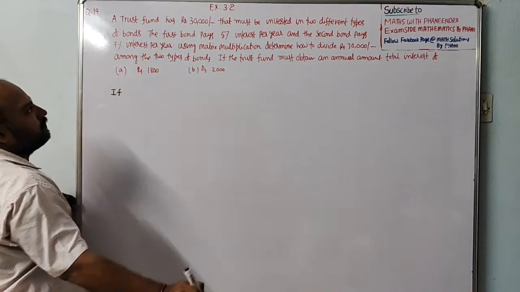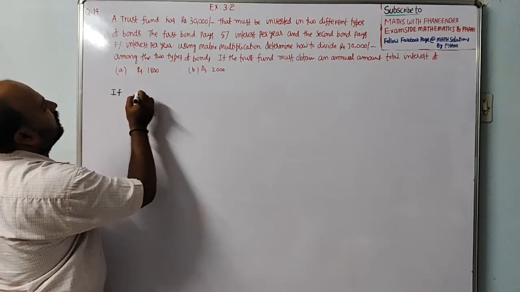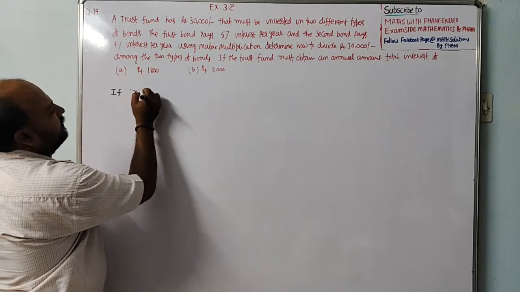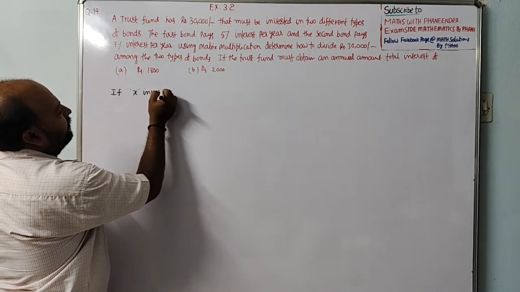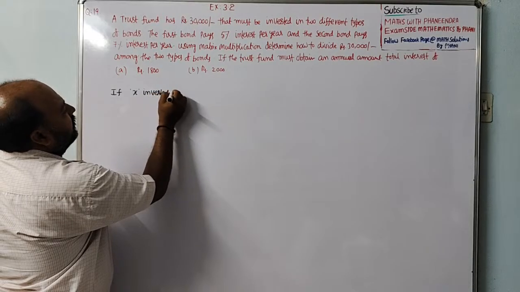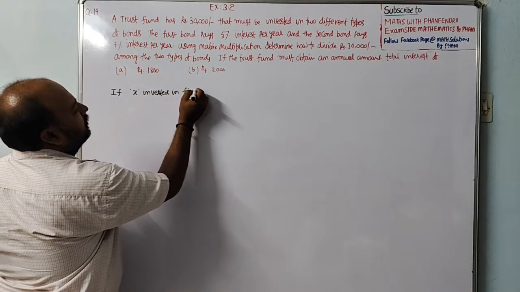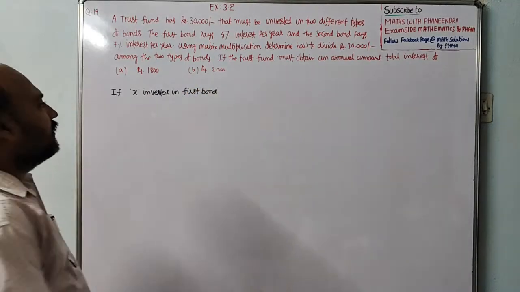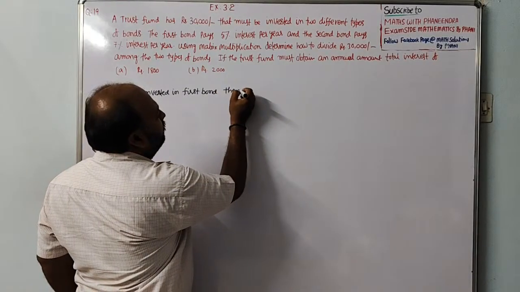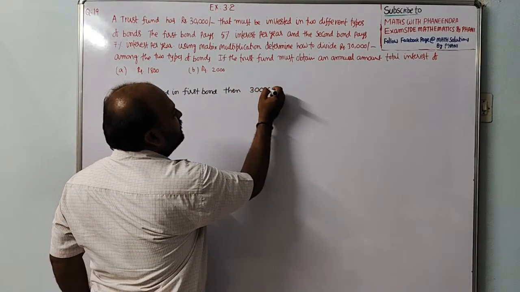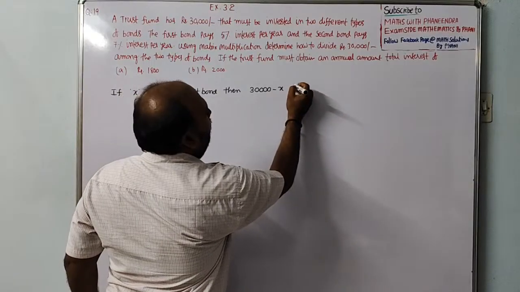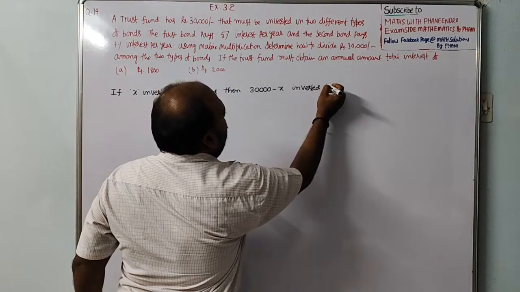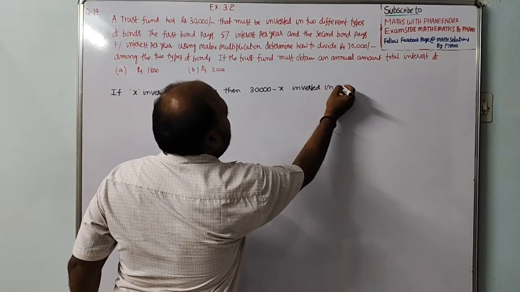If X is invested in the first bond, then 30,000 minus X is invested in the second bond.